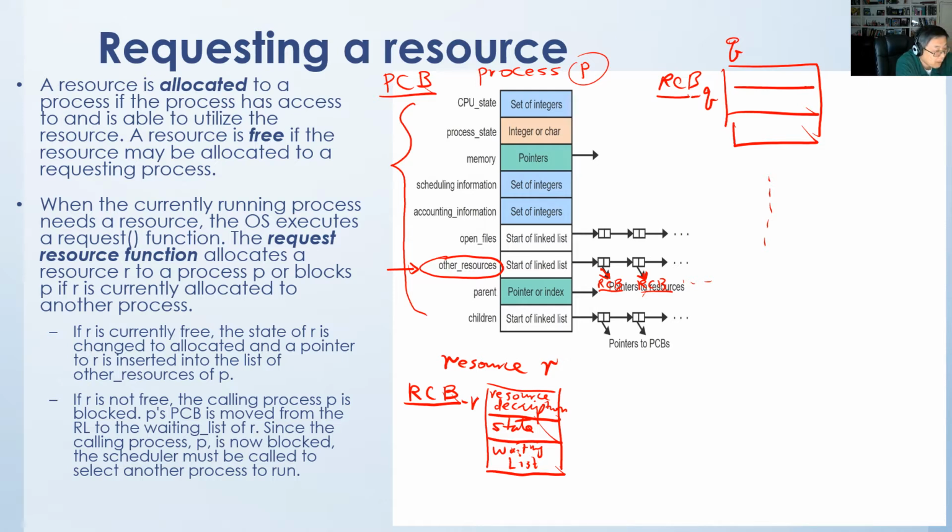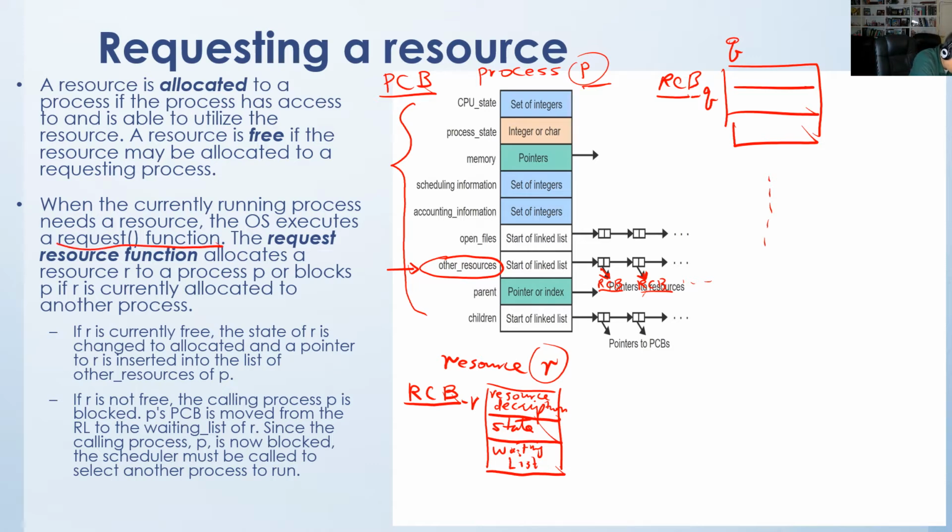Now, let's say P is the currently running process and it needs a resource R. The operating system executes a request function.